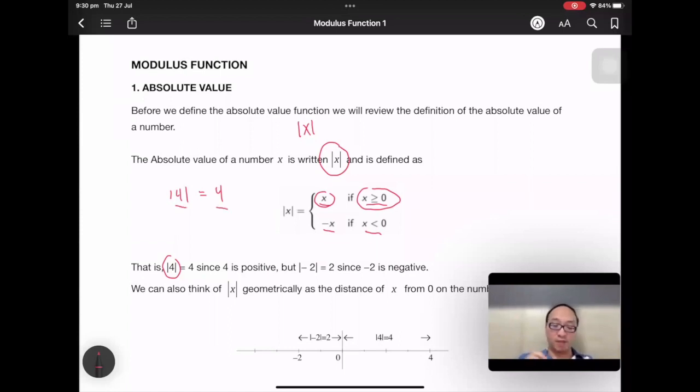But if I have the absolute value of negative 2, since negative 2 is smaller than 0, the definition is equal to negative x. So the absolute value of negative 2 equals 2.